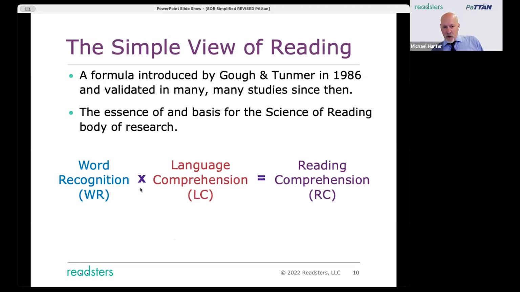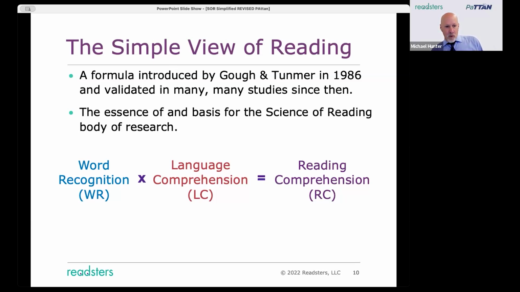But the key to this formula is that it's a times relationship. It's not a plus. So it's not adding their word recognition to their language comprehension. It's a times relationship. And if you want to understand how this formula works in math, the best score you can get on a test would be 100%. In terms of the formula, that would be the number 1.